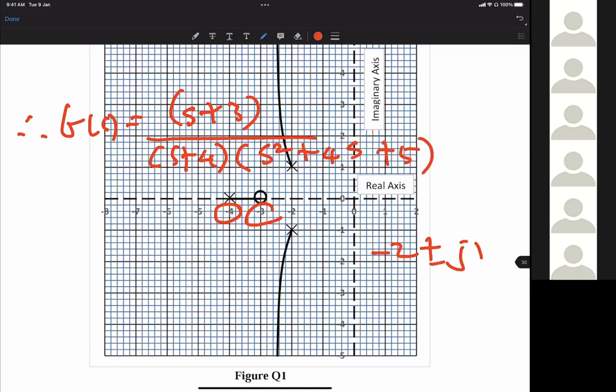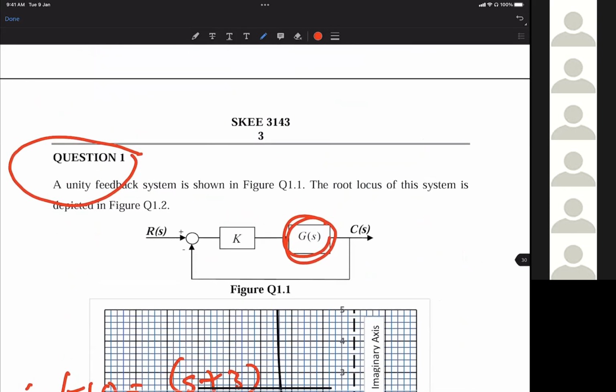Now there is s to the power of 0, not s to the power of 1 or 2, that's why the system is type 0. If there is a question that asks you to create a new one, take it from the original plot, because in this question G(s) is not given.